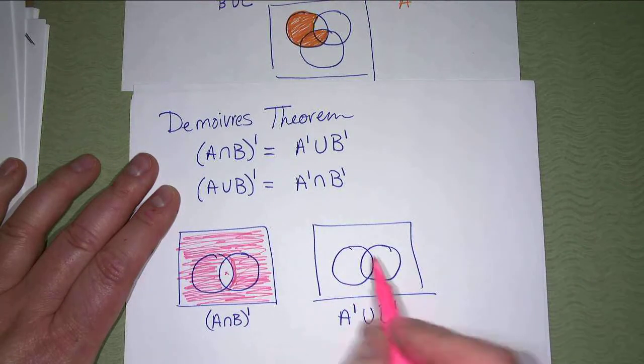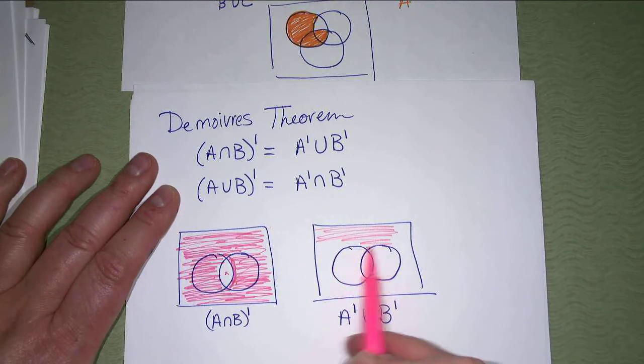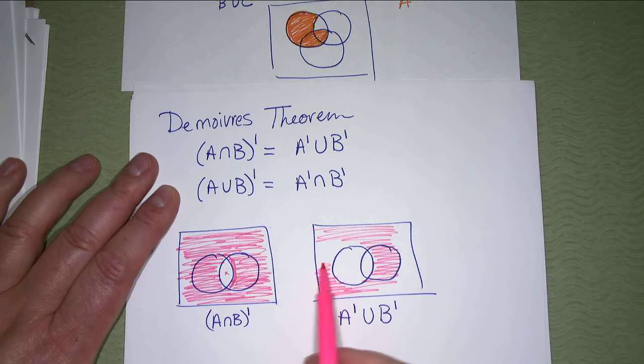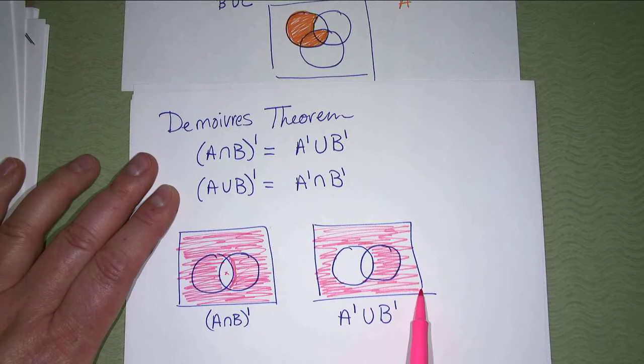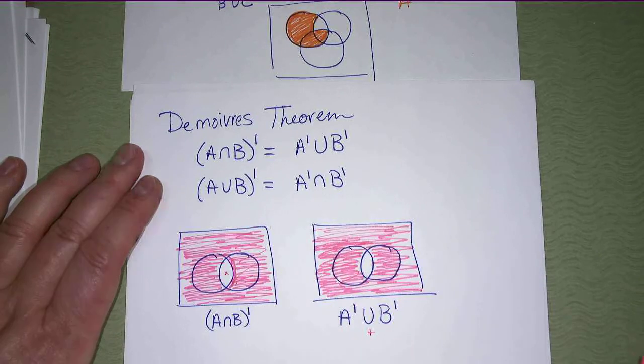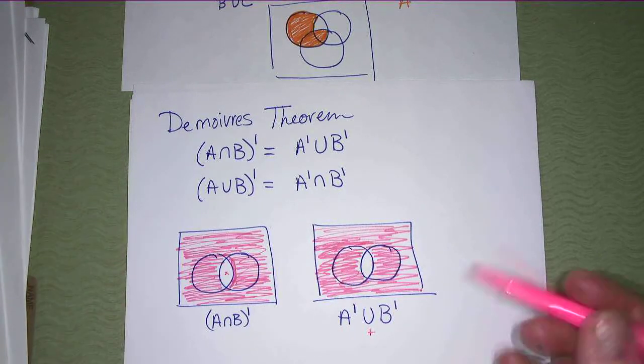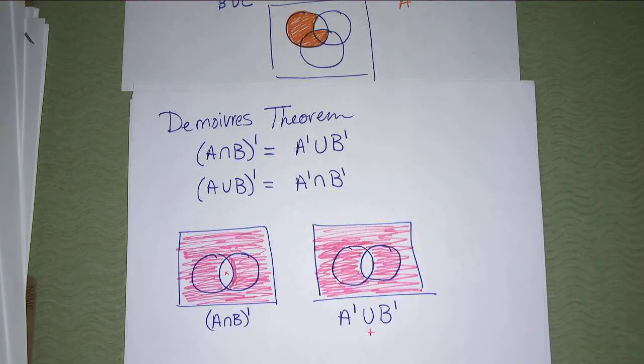A prime, everything outside of A. And this is like add B prime, everything outside of B. And so they work out the same. And the same thing here. Okay, so that's one thing.